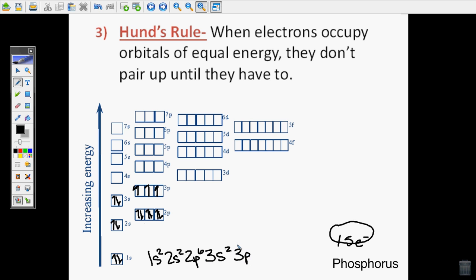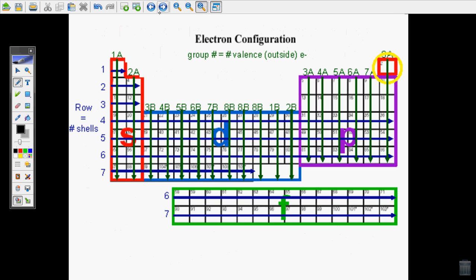Then 3p, now there's 3 in there. So this is the electron configuration. And if I were to add up all these superscripts, it would equal 15, which is the number of electrons in phosphorus. Okay, so just by looking at the periodic table, you can figure out an element's electron configuration.